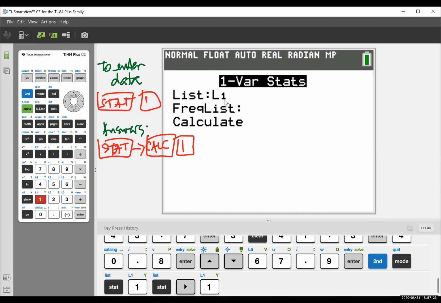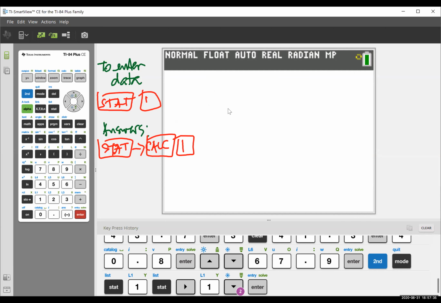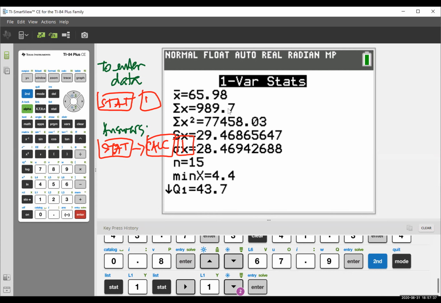List is the table where you enter your data, L1. You don't have to do anything for FreqList, and then all you have to do is calculate, enter, and look at this. You have the answer here. Mean is the X bar, so 65.98 is the mean.